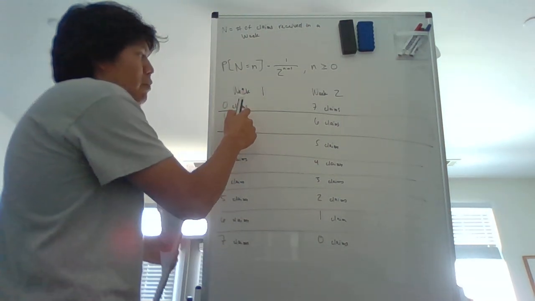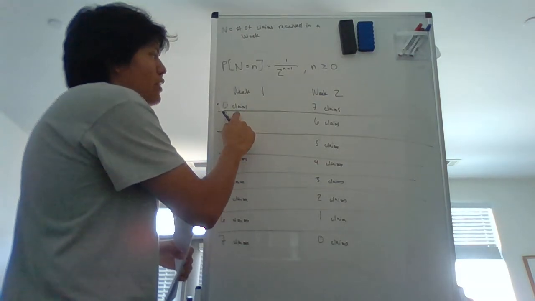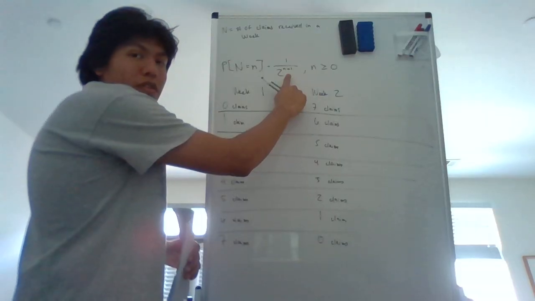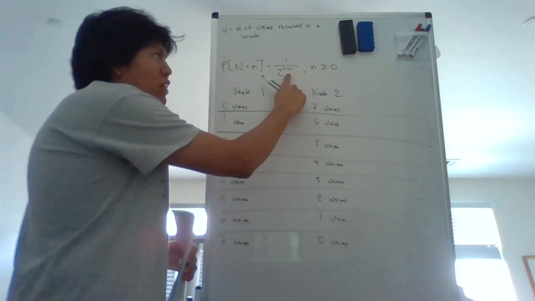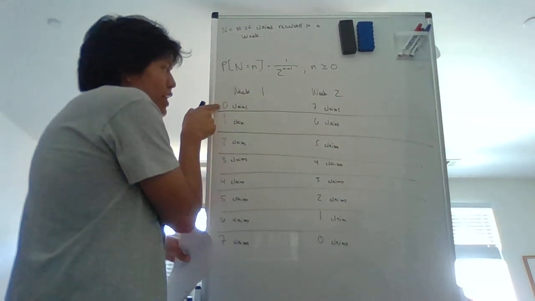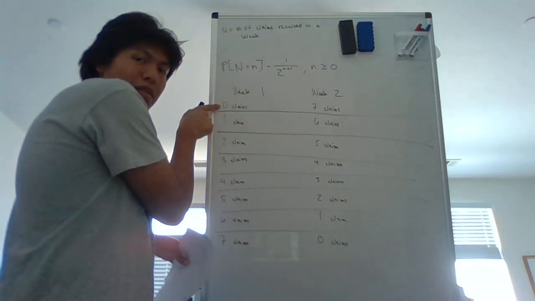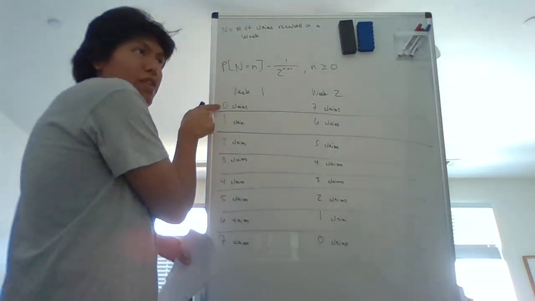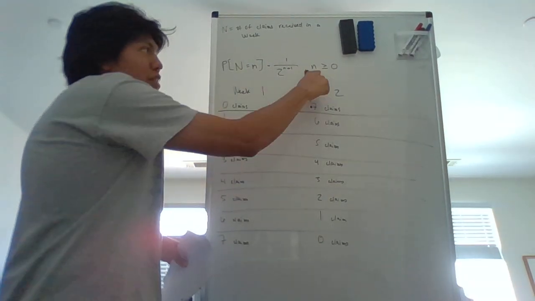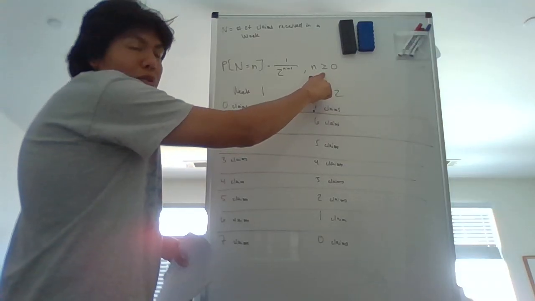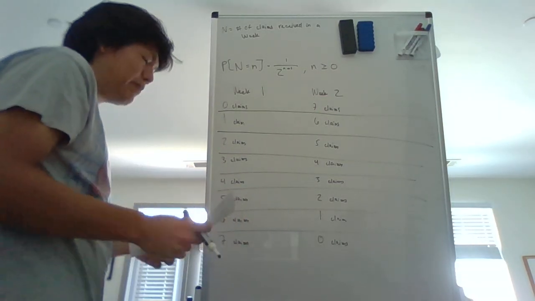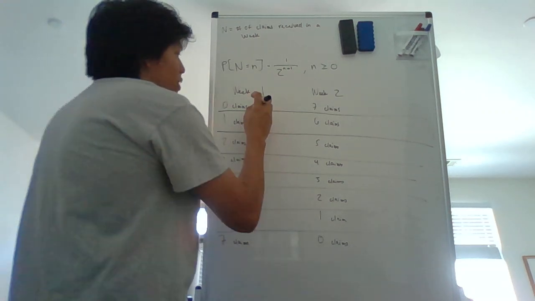So if we're trying to find the probability of 0 claims happening, then we would use this fraction of 1 over 2 raised to the n plus 1, and we would replace that lowercase n with the number of claims that we received in a given week. And also we're allowed to use 0 here because it says n is greater than or equal to 0. So what does that mean? What do I mean by that?